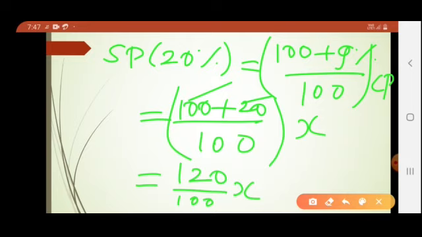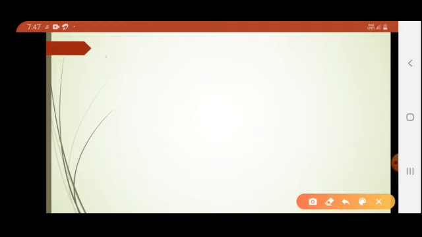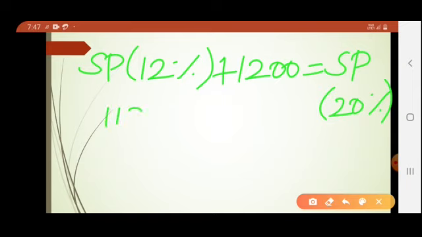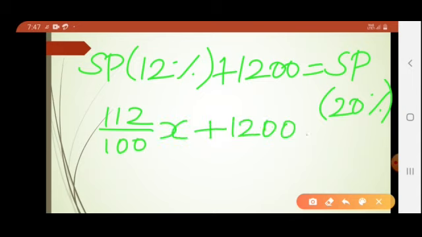What have they given in our question? The SP of 12% is there. In this amount, if we add 1200, then the SP will be that of 20%. Now, the SP of 12 percentage is 112 by 100 into x, plus 1200 equals the SP of 20 percentage, 120 by 100 into x.